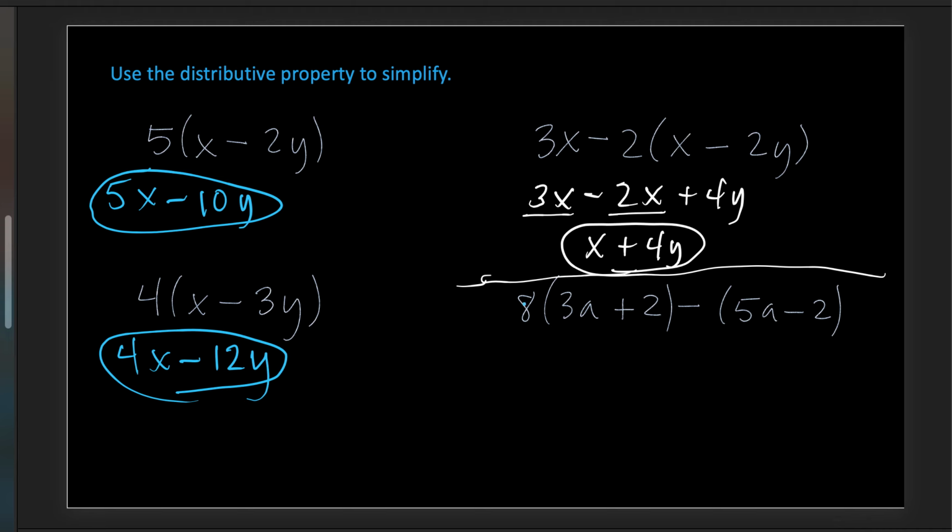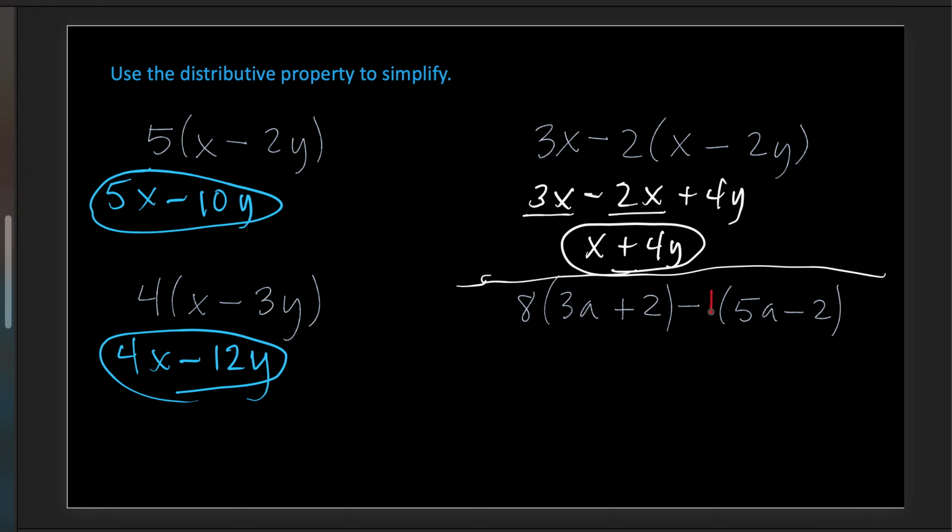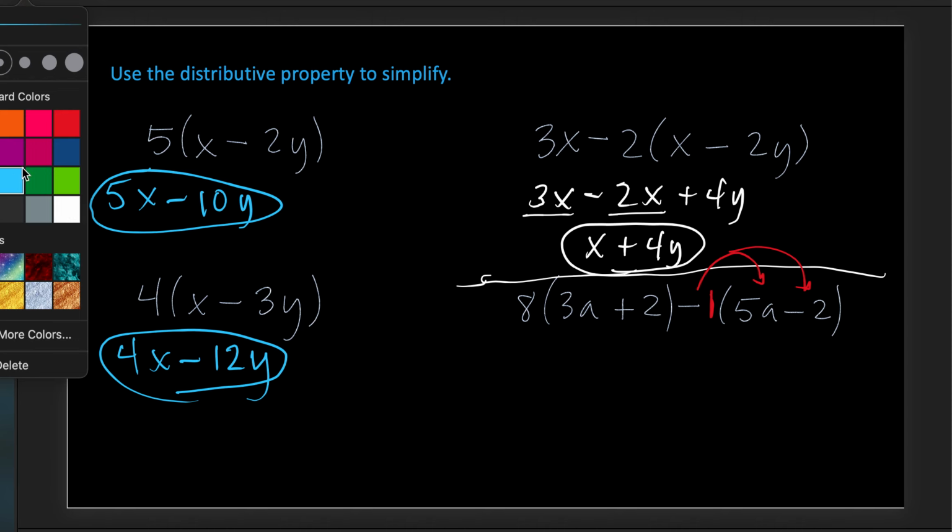So we need to distribute the 8 to each term here. 8 times 3a, 8 times 2, but also there's something to distribute here. You have to remember this negative, when you have a negative like this, there's a secret 1 right there that we have to distribute to each term inside the parentheses there. Subtraction signs are really tricky, especially right in front of parentheses.